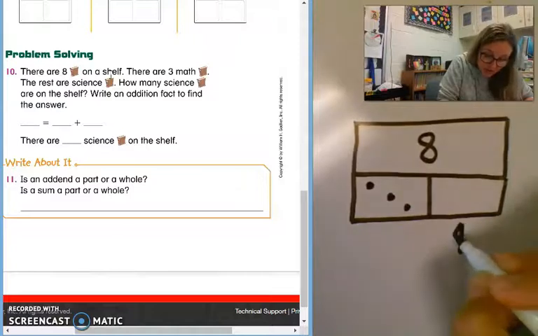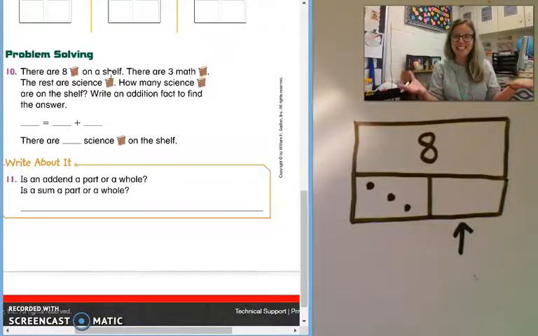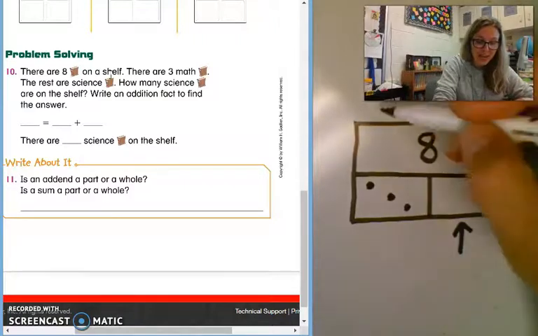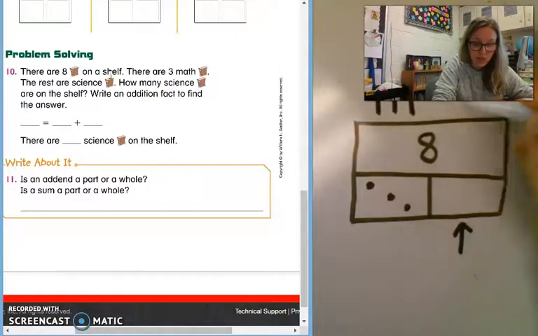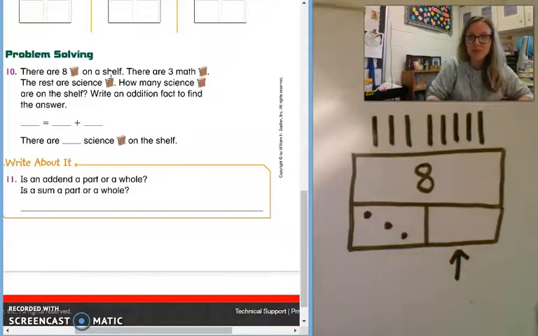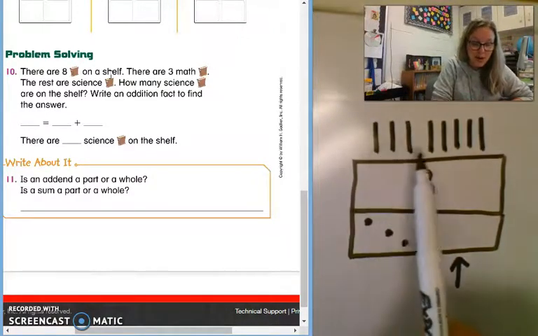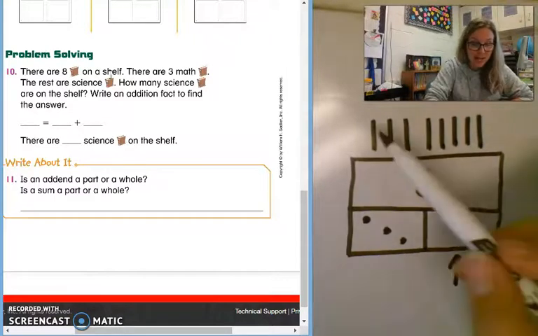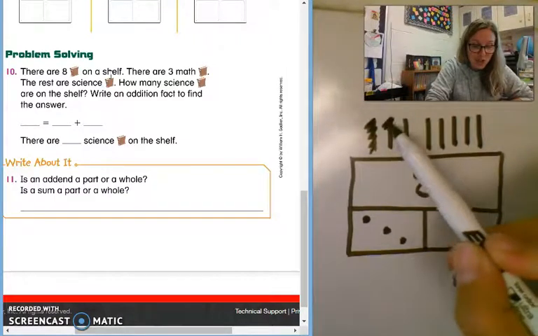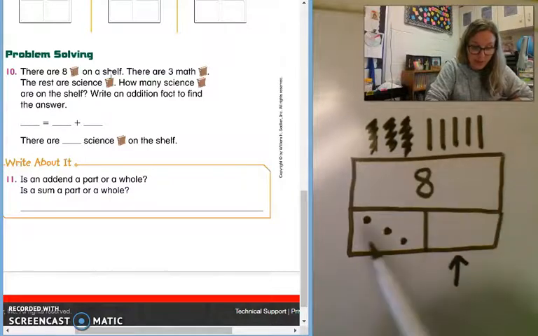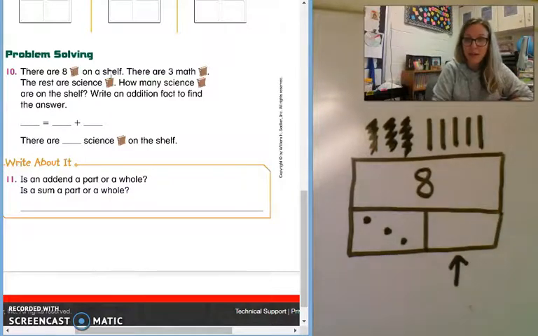So we're trying to figure out how many science books there are. Well, I know there are 8 books altogether: 1, 2, 3, 4, 5, 6, 7, 8. Let me move so you can see that. And 1, 2, 3 of them are math books.